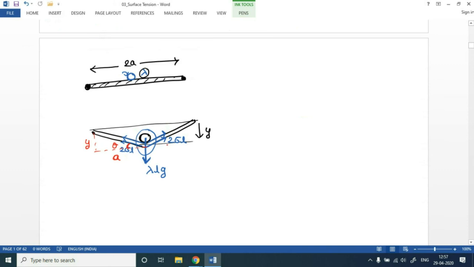The horizontal components of the surface tension forces will cancel each other, and the vertical component will be balanced by lambda L g. So we write 2 sigma L sine theta is the vertically upward component, times 2 because we have another component of the surface tension force, and that will be balanced by its weight, lambda times L times g.